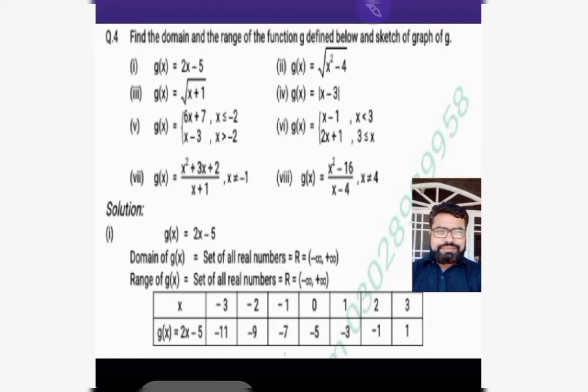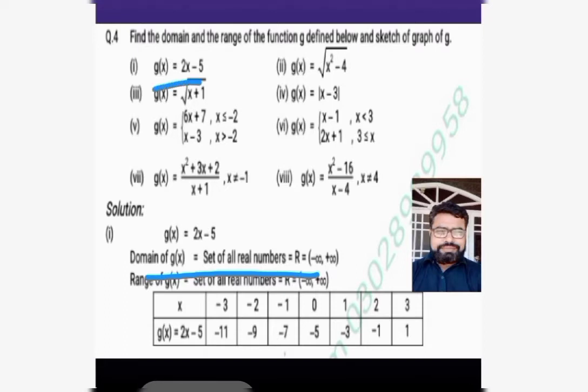It will be set of real numbers. There are 3 representations: the set of real numbers in descriptive language, R with a line, and minus infinity to plus infinity. You can write the set of real numbers in these 3 ways.